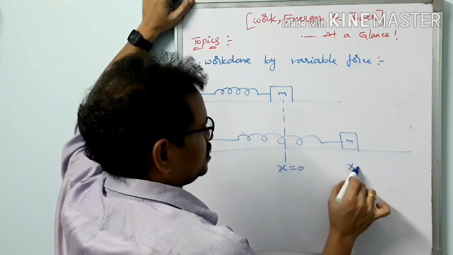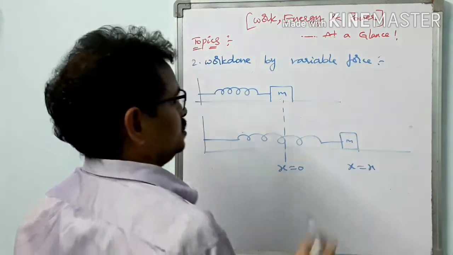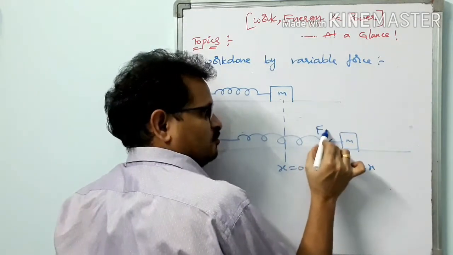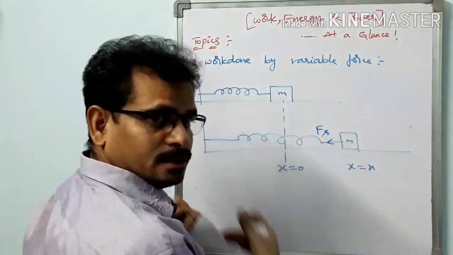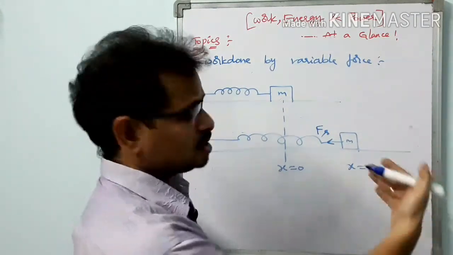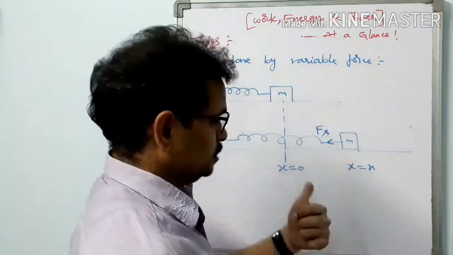This is some x equal to x here. So when the spring is stretched like this, spring force will be acting in the opposite direction of the stretching. Stretching is rightwards, so spring force will be opposing it, no? So it will be like this.